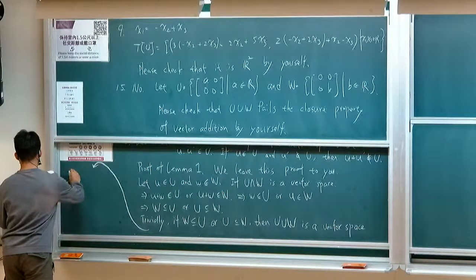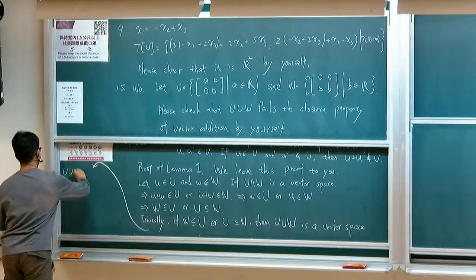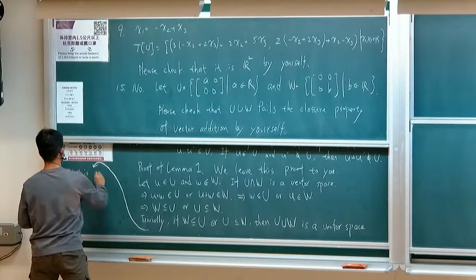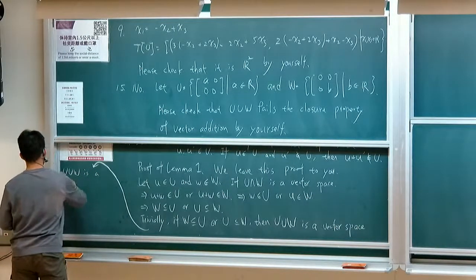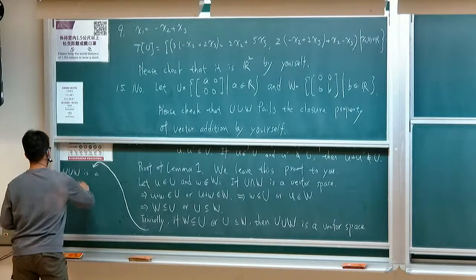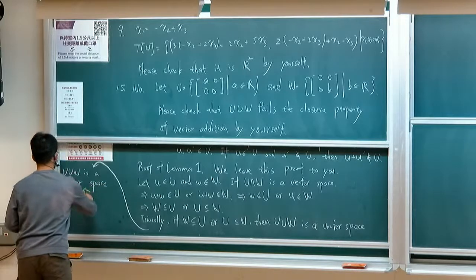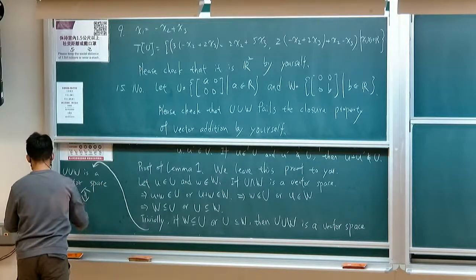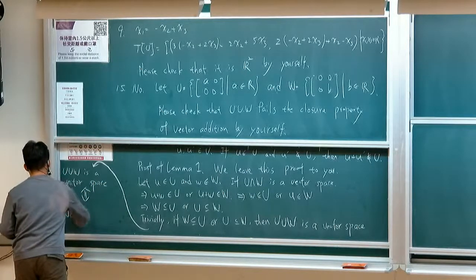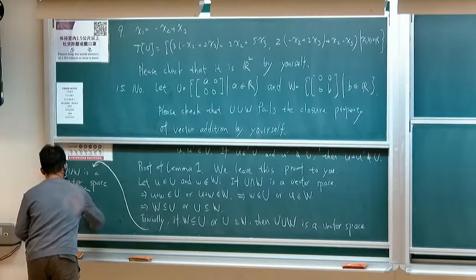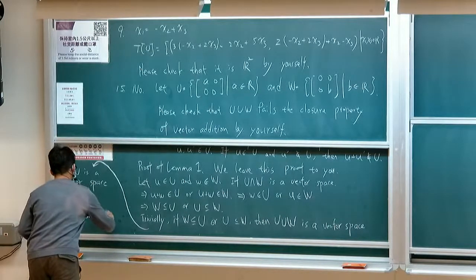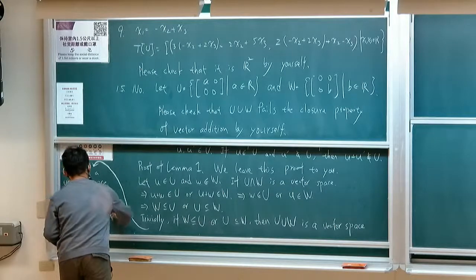So the union of U and W is a vector space if and only if W is a subset of U, or U is a subset of W.